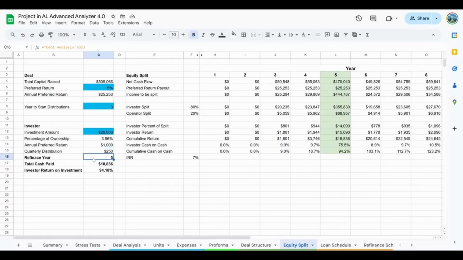Now, when they refinance, in this scenario we're doing it in year 5, which you can see highlighted here. The total cash paid out is $18,836, which is this cumulative return. And then the investor return on investment is 94.2%, which is the cumulative cash on cash return.